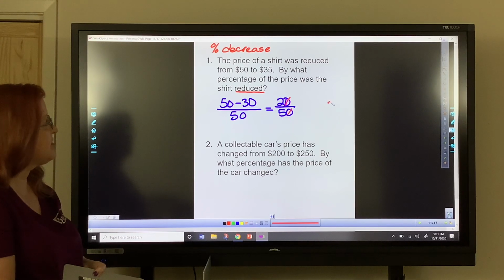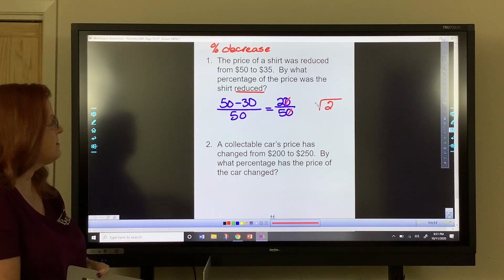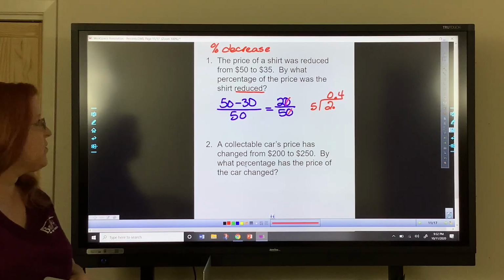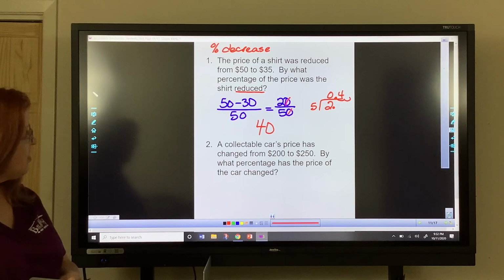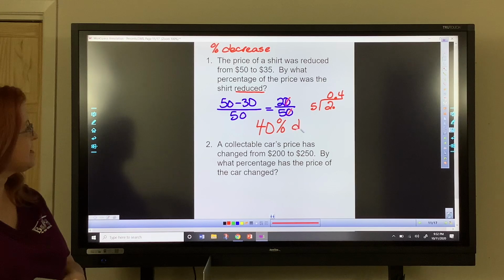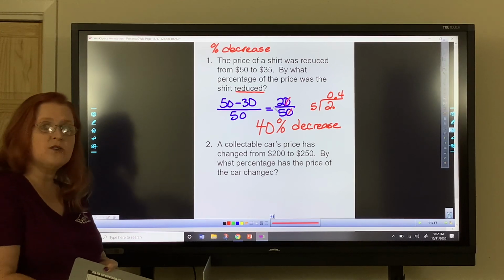So I'm going to divide 2 by 5, and I'm going to get 0.4. And if I get 0.4, to change that to a percent, I move my decimal 2 places to the right. So that would be 40% decrease. The shirt went down 40%.